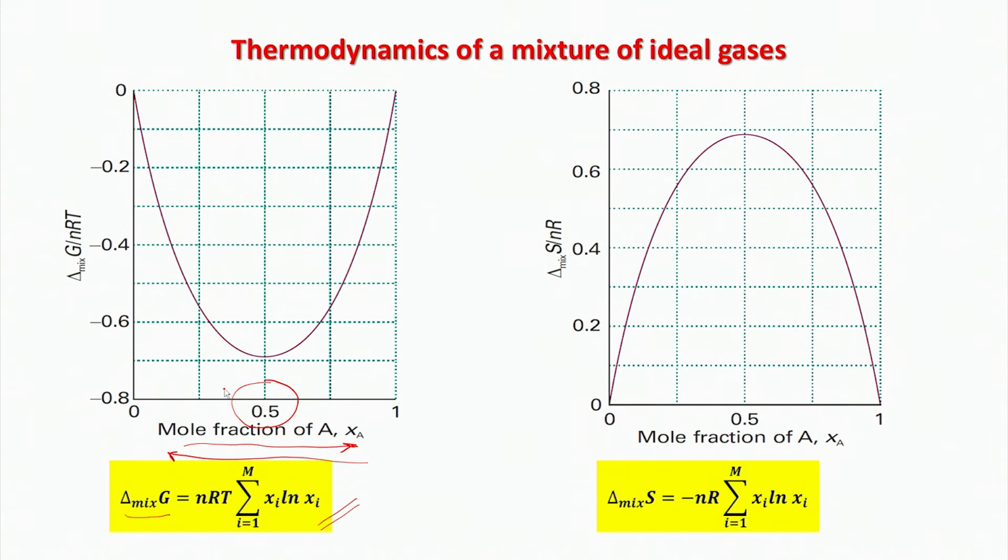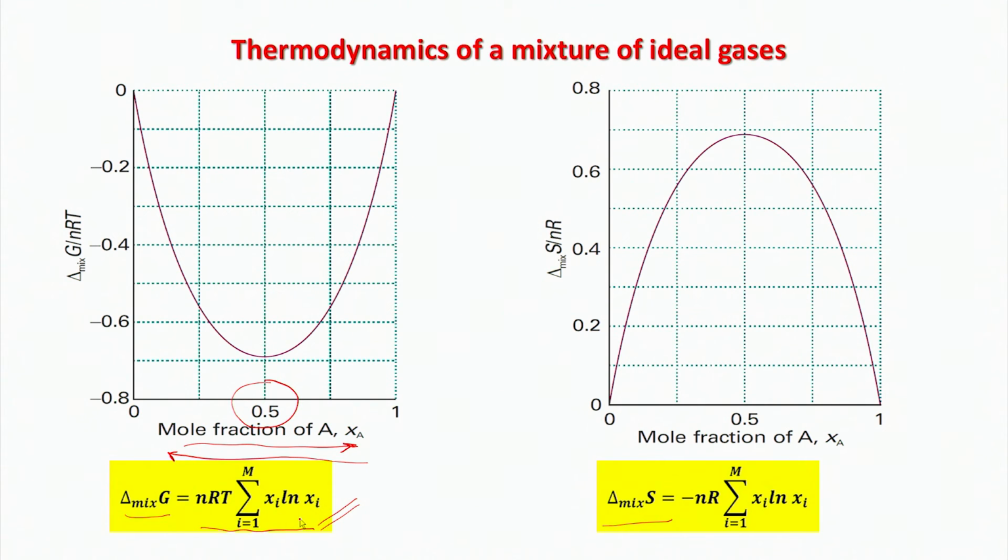Therefore, you can find out the change in entropy S during mixing as delta mixing of S. And if that is so, you will be able to see that if I divide the right hand side of this expression by T, I would get the delta S mixing.